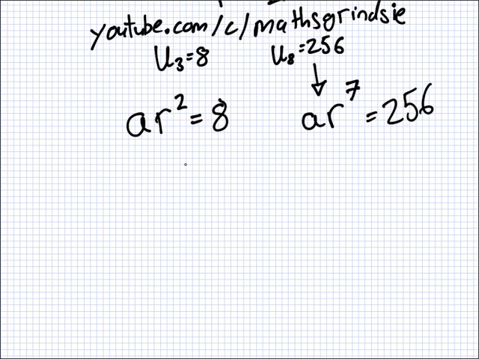Harrison, what should I do next? I think ar^2 over ar^7. Now that's okay, but I think I'll write it the other way, so I have the bigger number on the top. Yeah, it's easier. What would that equal?